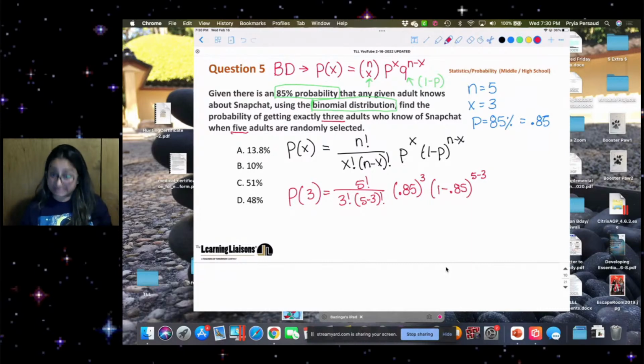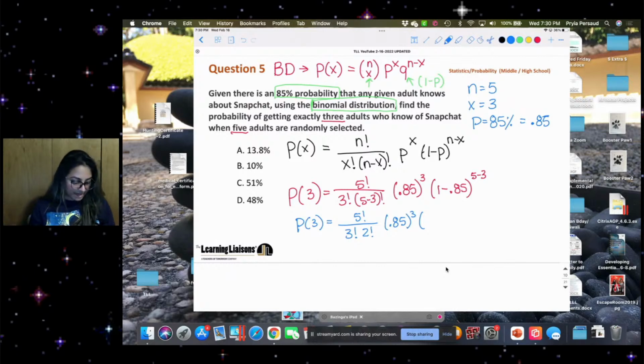I apologize, I did 5 minus 3 in my head and got 2. So let's now reduce and do some simple math. P of 3 is equal to 5 factorial all over 3 factorial, 5 minus 3 is 2 factorial, times 0.85 to the 3rd power, and then 1 minus 0.85 is 0.15 to the 2nd power.